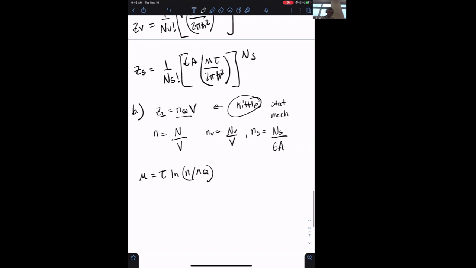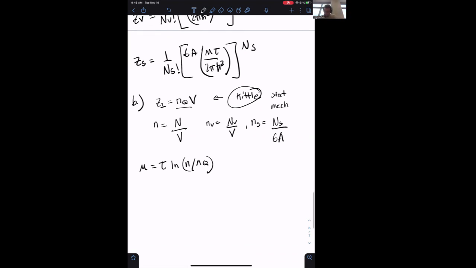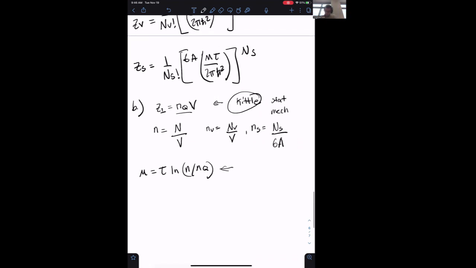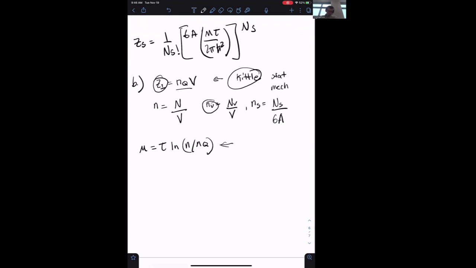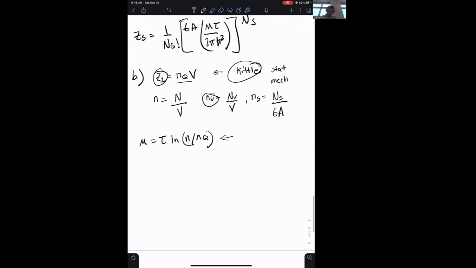And now we're just gonna rewrite this using these equations to get it in terms of NS and the single particle partition function. So first thing we do is plug in n. So we need to do this separately for each.